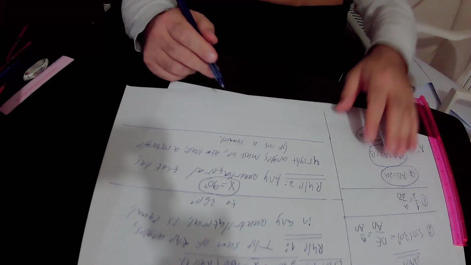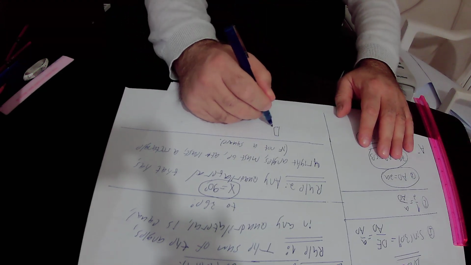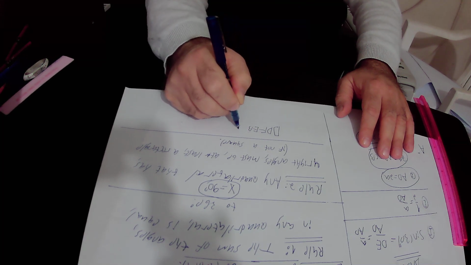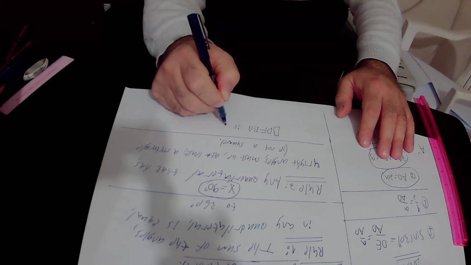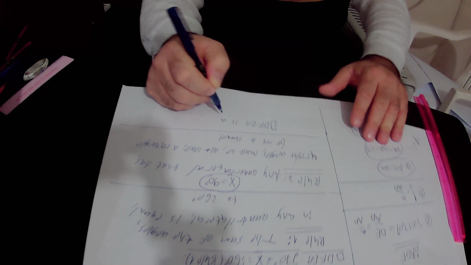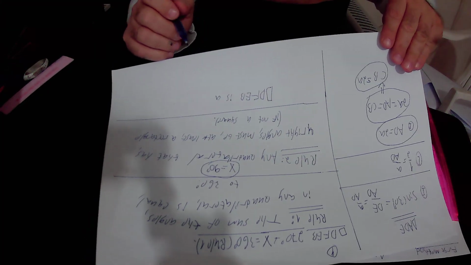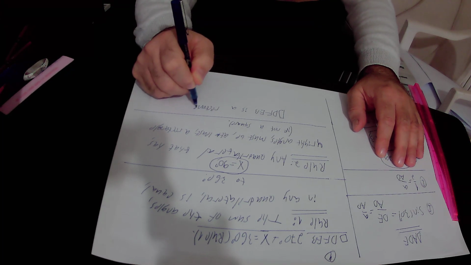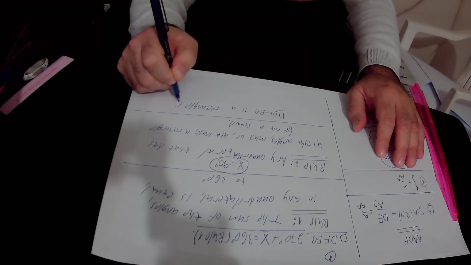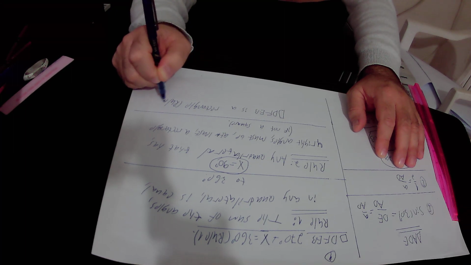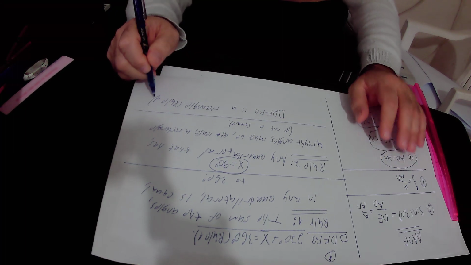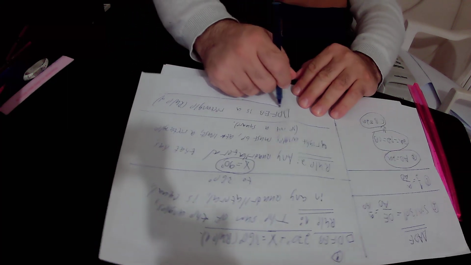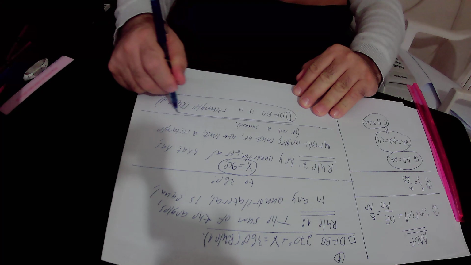So quadrilateral DFEB is a rectangle according to rule number 2.